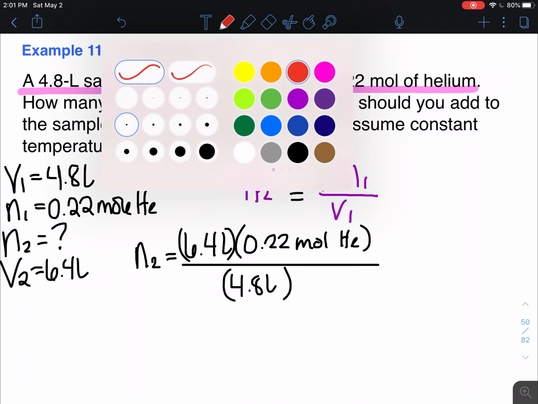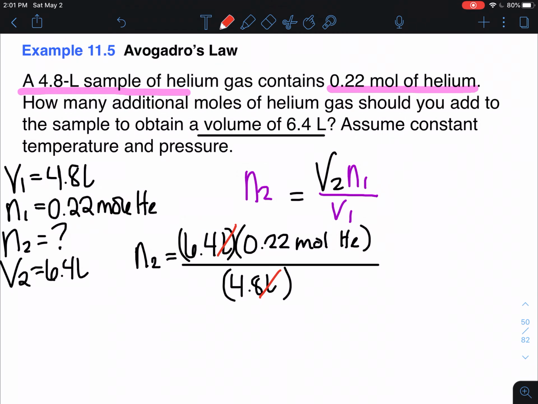Now again, make sure your units cancel. And before we finish this, we want to sit back and say really quickly, what do we think is going to happen? Okay, so again, the volume increased from 4.8 to 6.4 liters. So if the volume increases, then we should assume that the number of moles is going to increase as well.